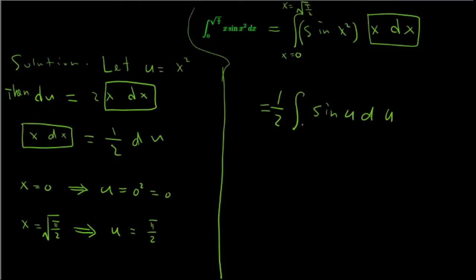I think some people do use a notation like u equals 0, but I'm trying to say x value of 0 will become u value of 0, and the x value of square root of half pi will become u value of half pi. That's the only new thing. The new thing is you need to get the u values for the x value of the lower limit and the upper limit.